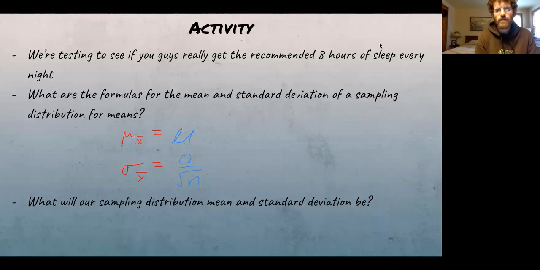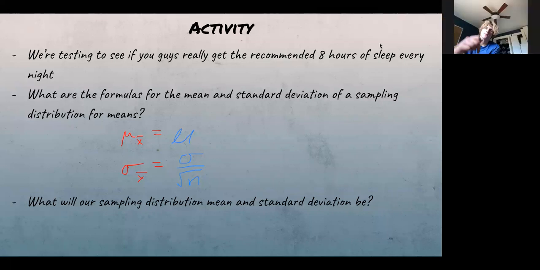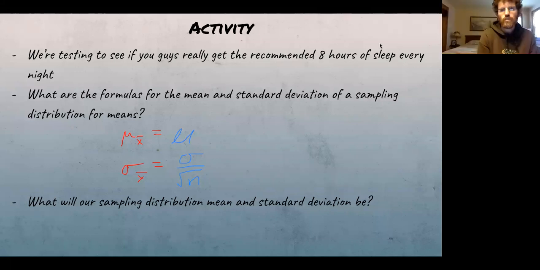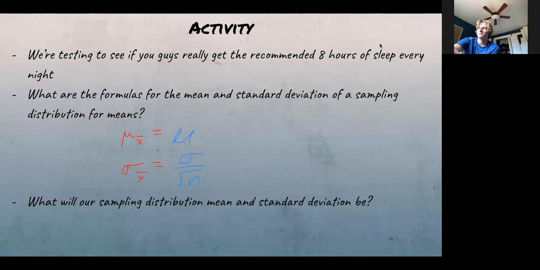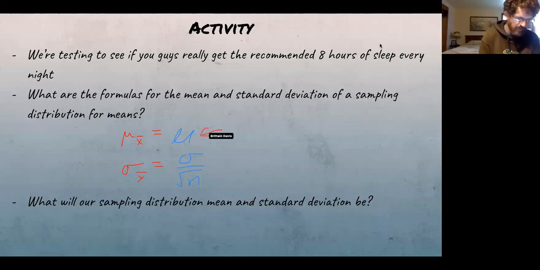We don't really know the population mean, but we are going to assume a population mean. And what is the assumed population mean? 8 hours. So right here, we're going to say that this is 8. Now, we're testing to see if that's true or not, but we're going to assume that.